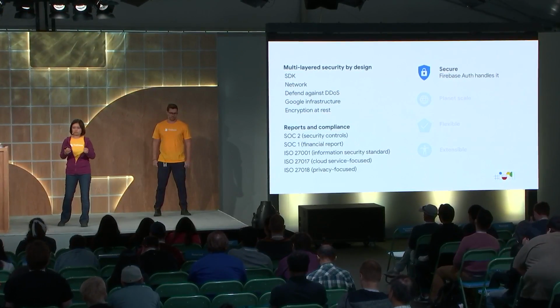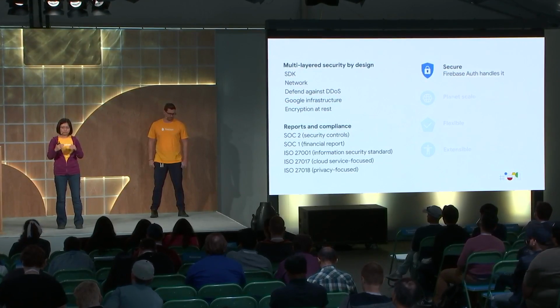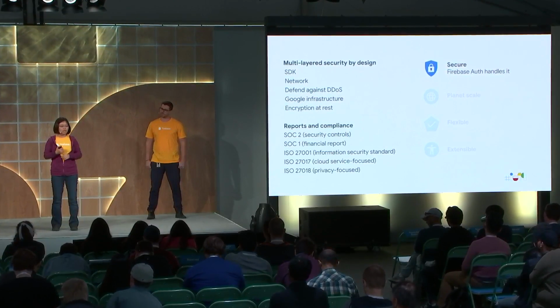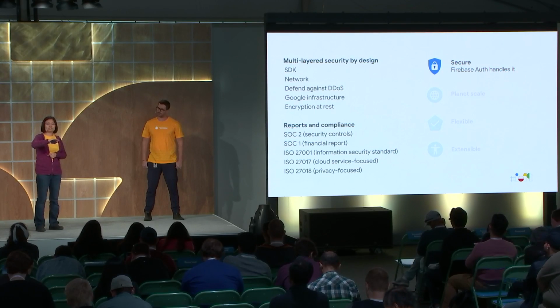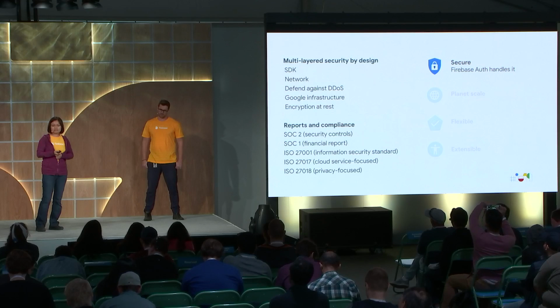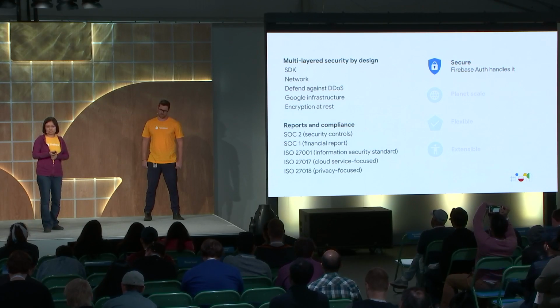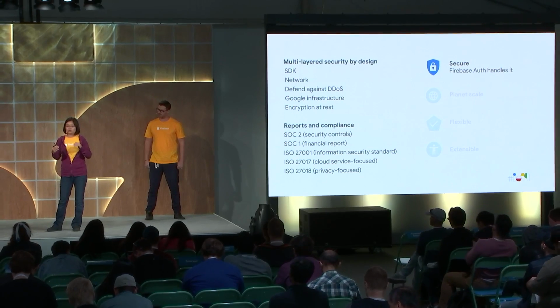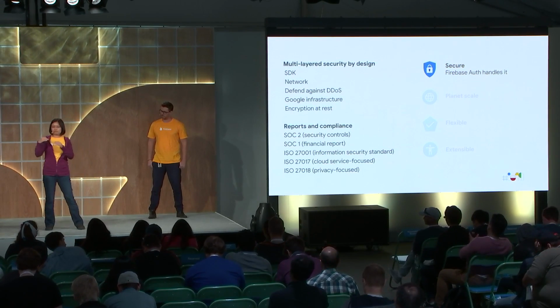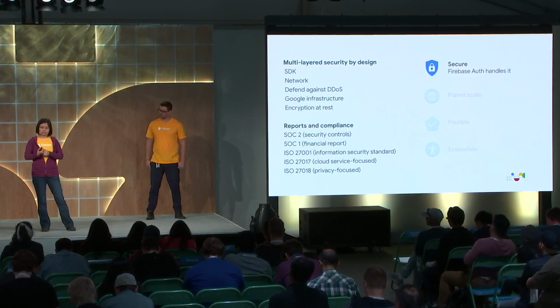But this report, although it's very detailed, doesn't actually say that the system is secure. To get to that, we compare these reports against some ISO standards. Here, ISO 27001 is an information security standard. It details the controls that we have with regard to information management risk.